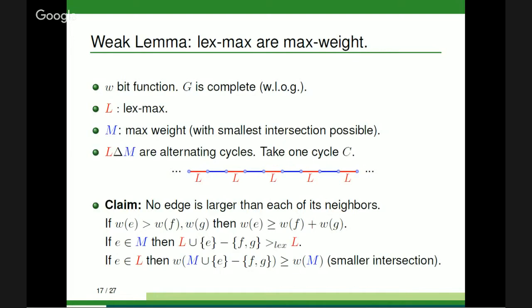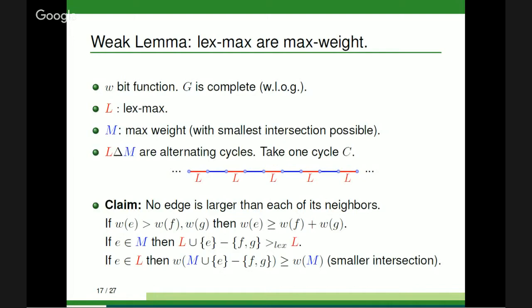So the weight of the central edge is at least the sum of the two weights, and now we have two possibilities. Either the central edge is part of M, the maximum weight matching, or part of the lexicographically largest matching.